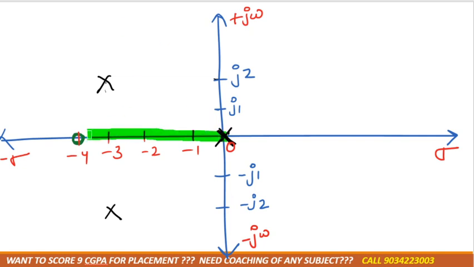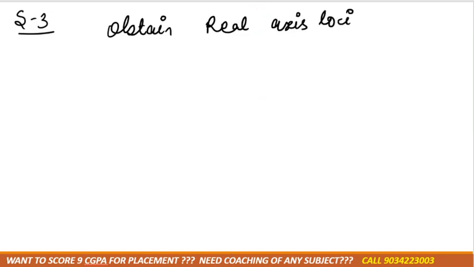So from here to here it will be the real locus, and another part has no real locus. Okay, understood? It will include zeros also. Last time it was the case of poles only, now we'll include zeros too. Odd number means it will be real, then again even will be there, so that would be no real locus. Okay, so step number 3 is also done.